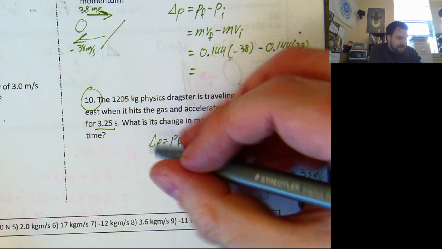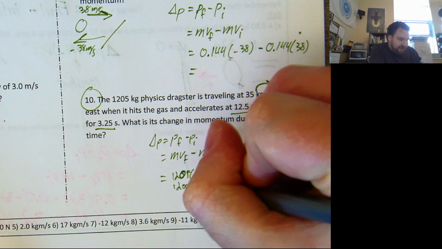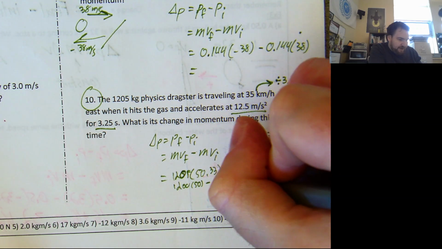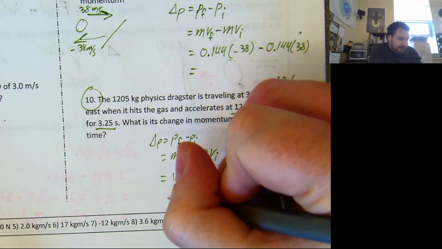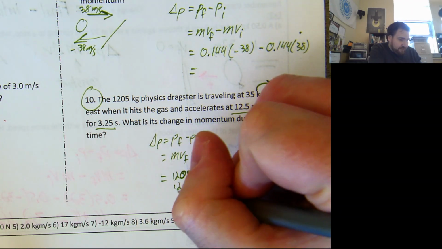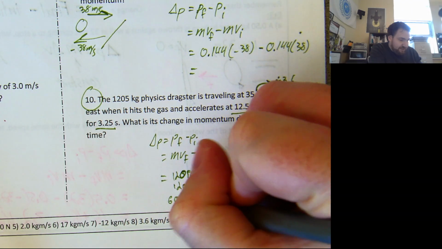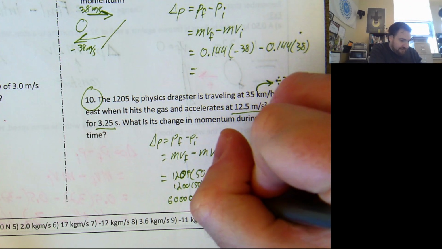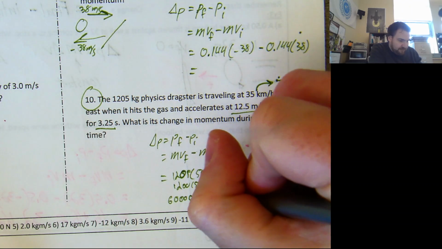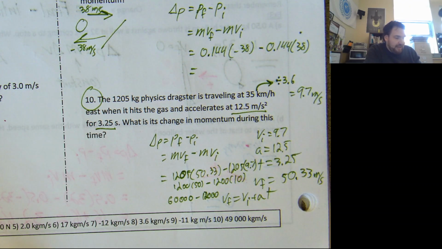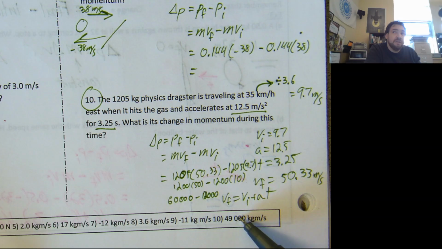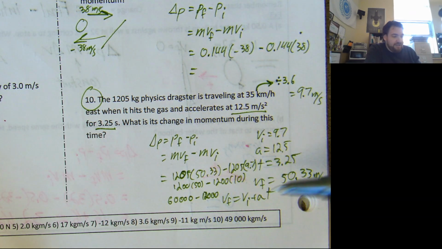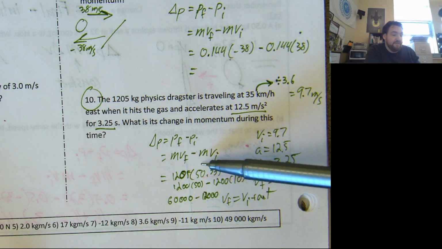I would ballpark this by saying, this is effectively 1200 times 50 minus 1200 times 10. So you're looking at 12 times 5 is 60, 2 zeros from that one and a 0 from that one is 60,000 minus 12,000. You're looking at 48,000-ish, which is close enough to that answer. But this is the method. You need to use the kinematics to get you your final velocity. That final velocity becomes final velocity for your momentum.